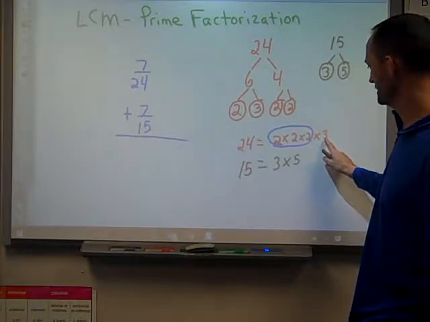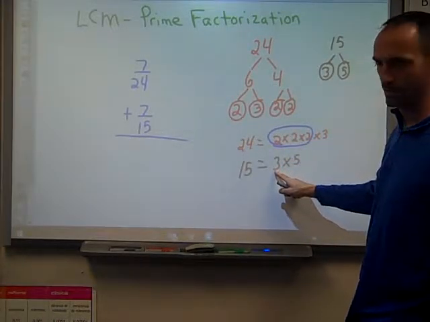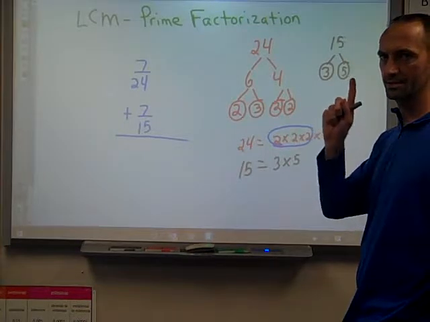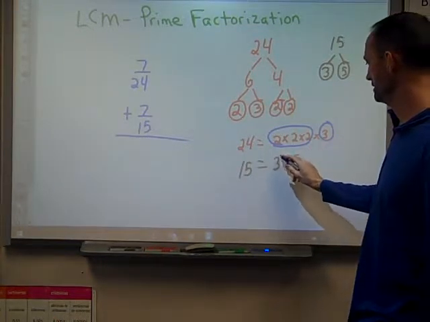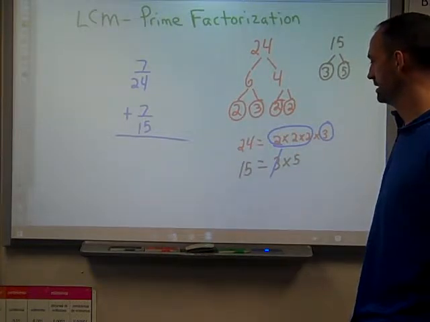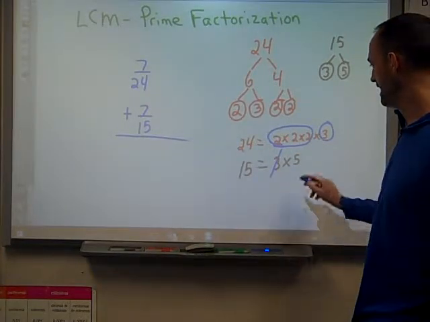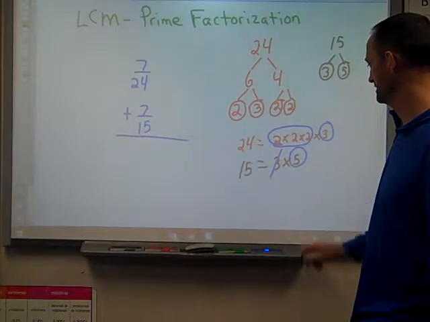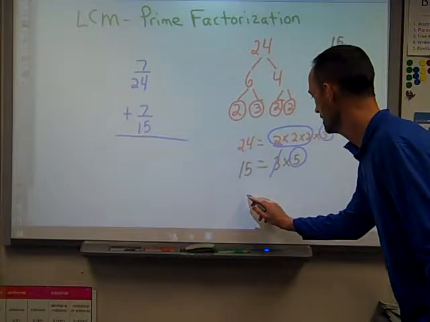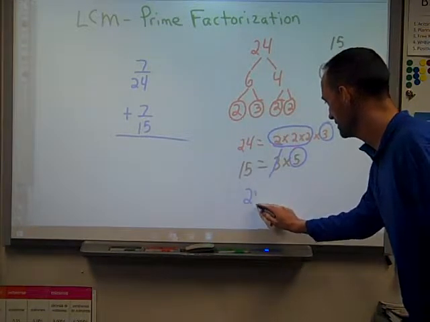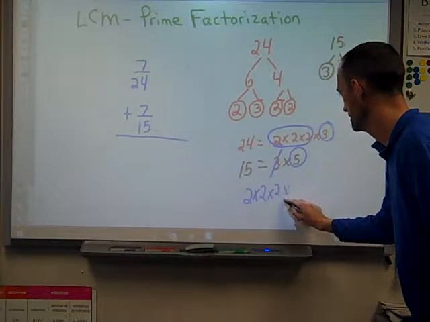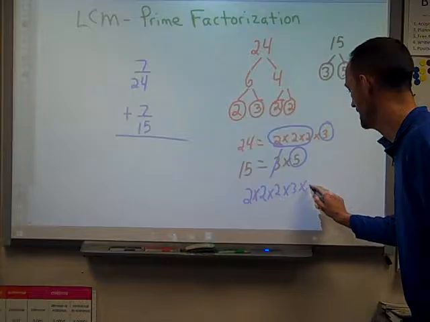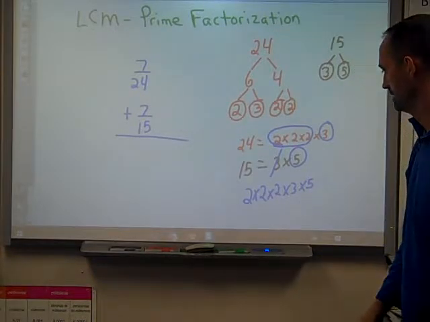Since this one has only 1 and this is only 1, students use just one of them. So I'm going to take that one, cross off that one. The only thing that's left is the 5, and I need that. Okay? So, what I have circled is 2 times 2 times 2 times 3 times 5.